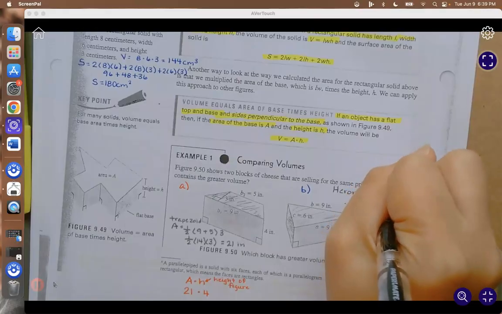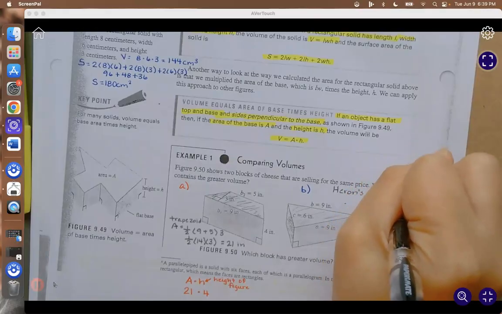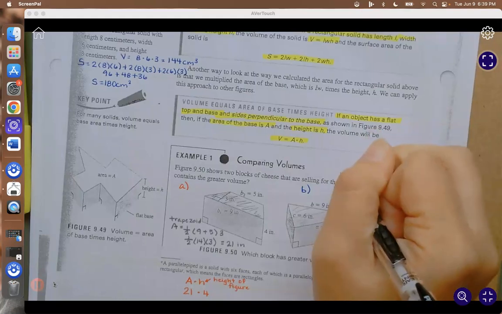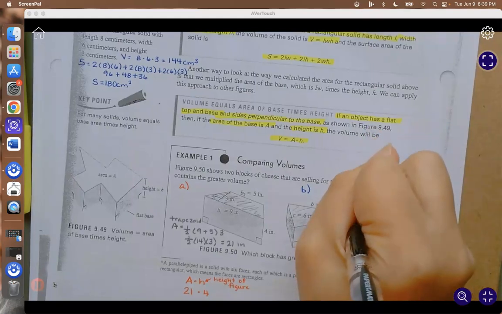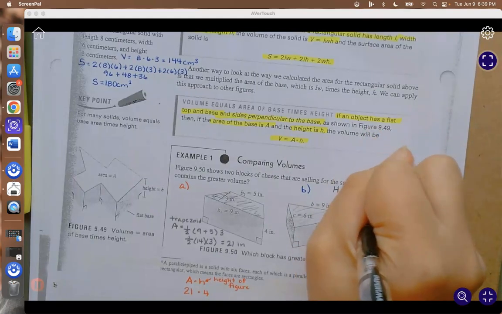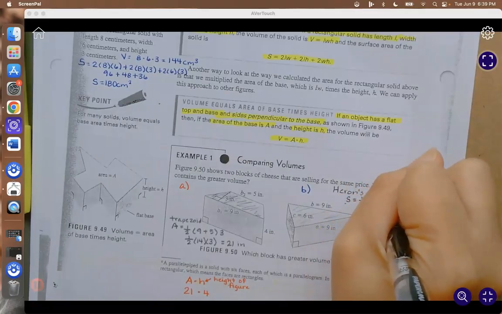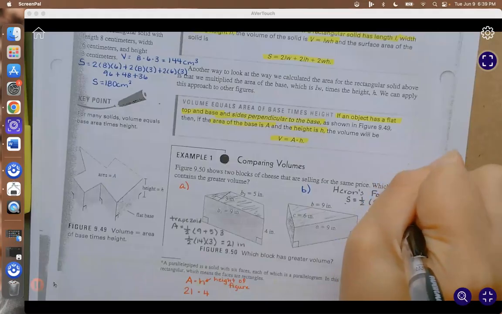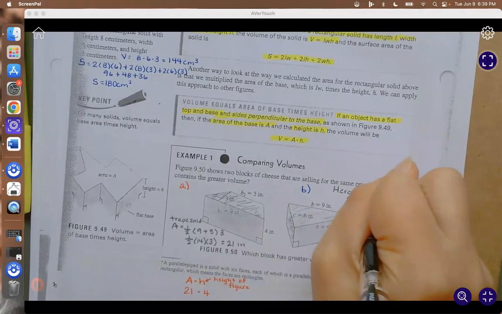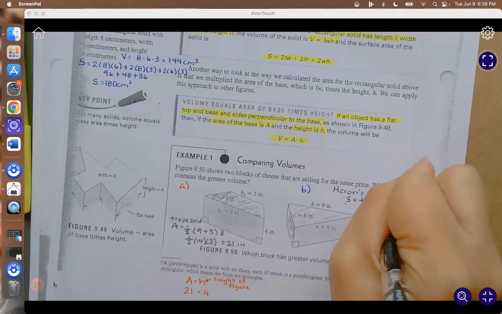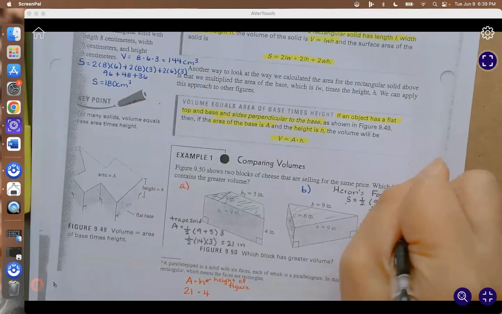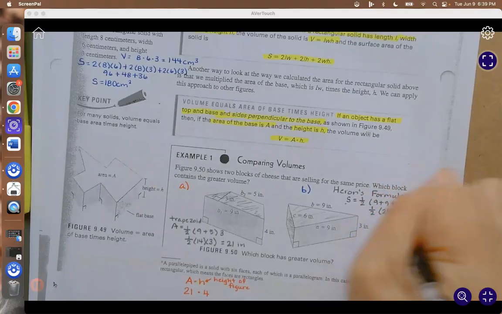Heron's formula. So what we're going to do is we'll do S equals 1/2 of 9 plus 9 plus 6. So that's 1/2 of 24, which is 12.